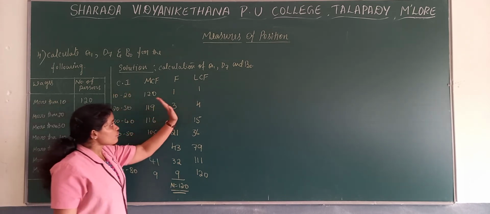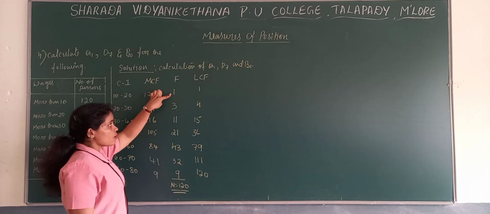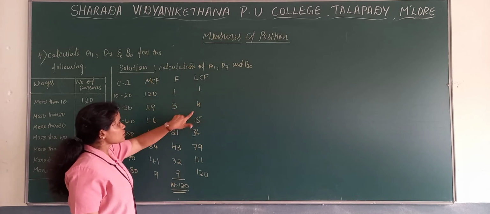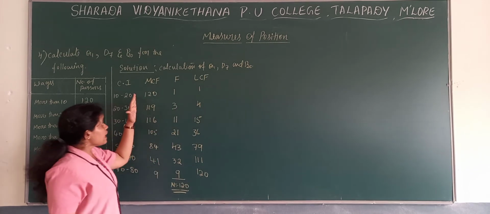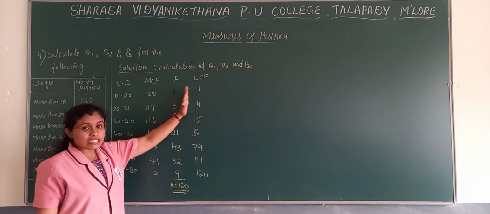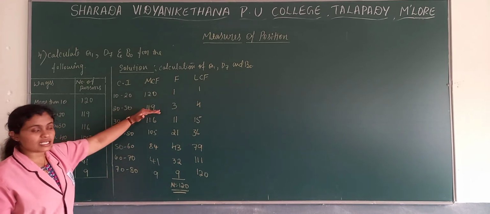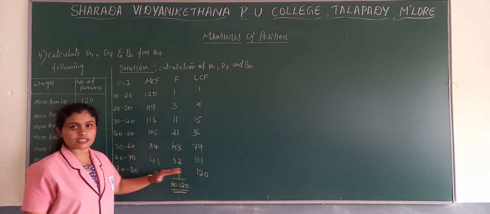Now, from LCF to frequencies: the first value as it is, then 4 minus 1, 3. 15 minus 4, 11. And MCF to frequency means 120 minus 119, 119 minus 116, and the last value as it is.